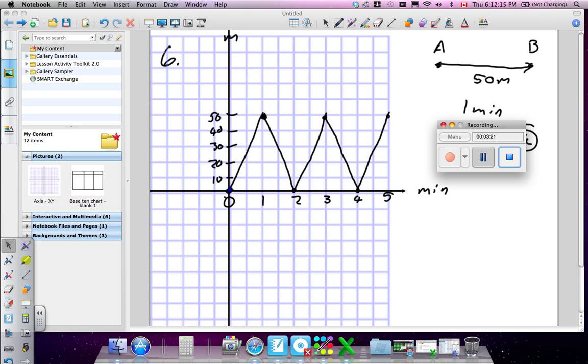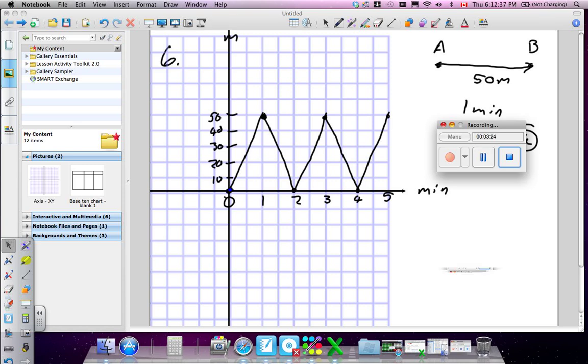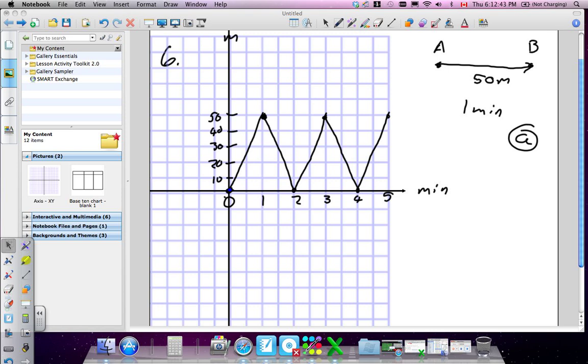So if this is our starting point, it takes her 2 minutes to get back to that starting point. She swims away, comes back, and then she's heading in the same direction again. Okay? So the period of this function is 2 minutes.